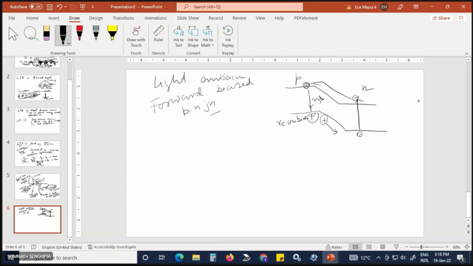So electrons and holes continue to flow in the PN junction, and we get emitted light or photon h nu. This h nu is nothing but hc by lambda, and this lambda is the wavelength of light emitted.